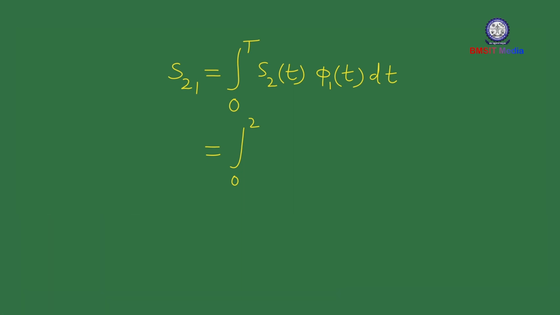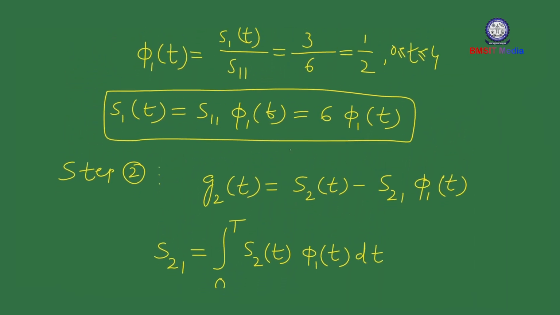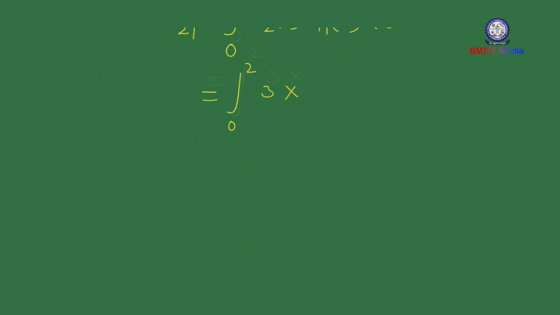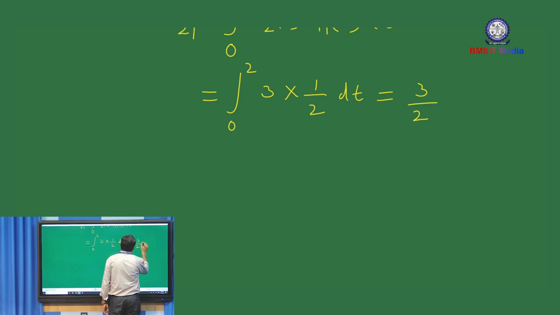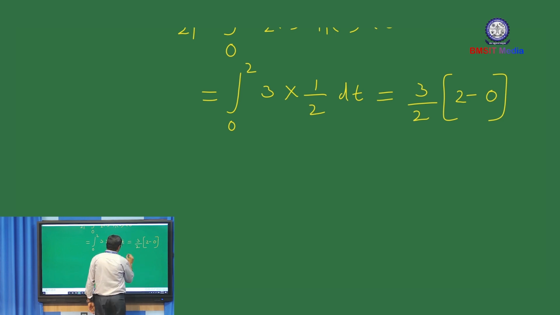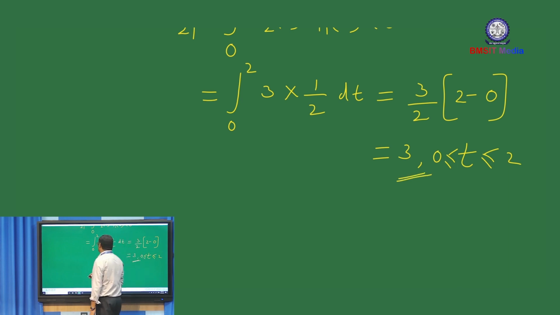So the value of S2 of t is 3, and the value of pi 1 of t is 1 by 2, into dt, which is equal to 3 by 2 of upper limit minus lower limit. So which is nothing but 3 over the interval t less than or equal to 2 and greater than or equal to 0. So this is the value of S21.